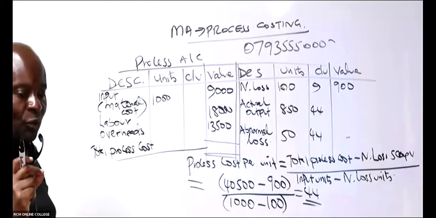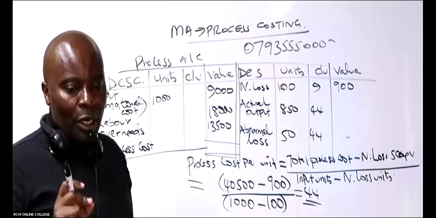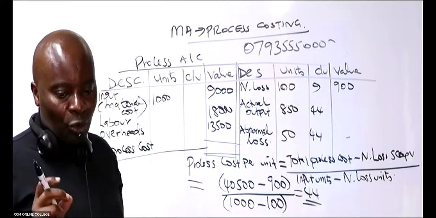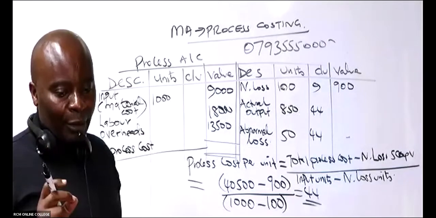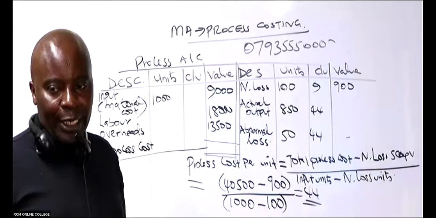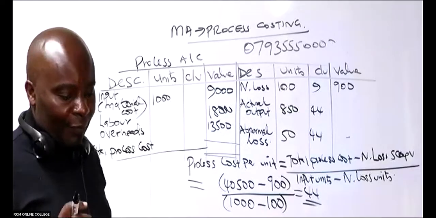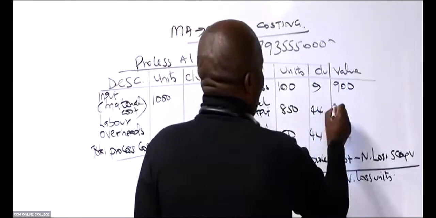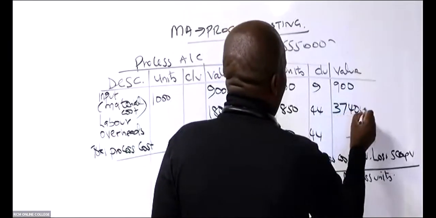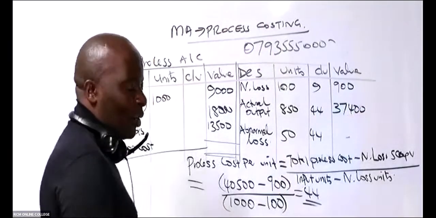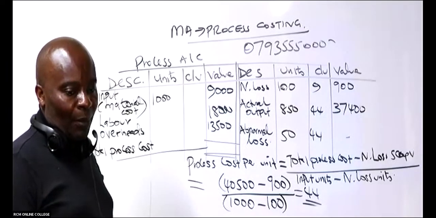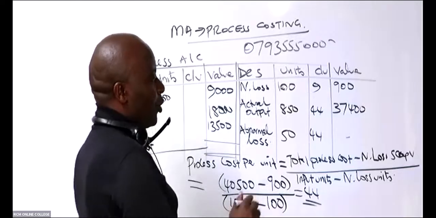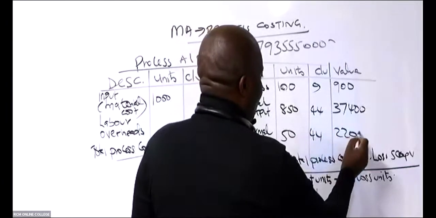So what will be the total value of actual output? 850 times 44, 37,400. And then 50 times 44, because remember, this is per unit. So this gives me 2,200.